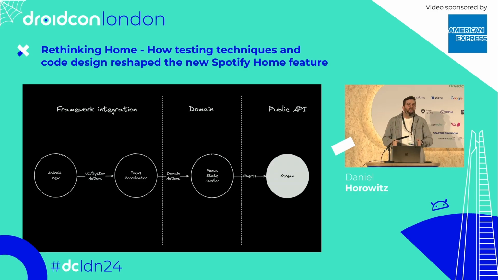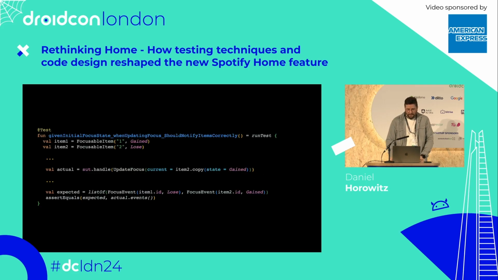And now we are in the realm of our domain logic. Then we have another entity that deals with all the reasoning for handling this focus state. After that, we map these domain actions to events. This is already the part that we expose to the clients, so this is the stream of focus events that we send to our client.